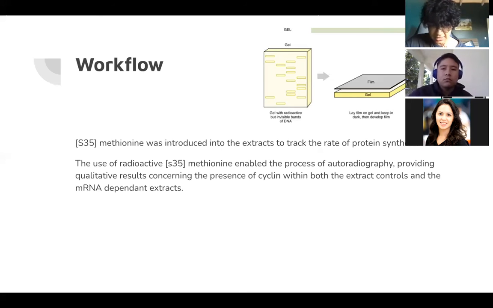And what that does is that when you combine that radioactivity, you're going to get these black bands that indicate nuclear morphology. And the more radioactivity you see in these bands, the greater the presence of cyclin. And that's how we're going to track cyclin throughout the entire process of this. Is this S30 methionine?